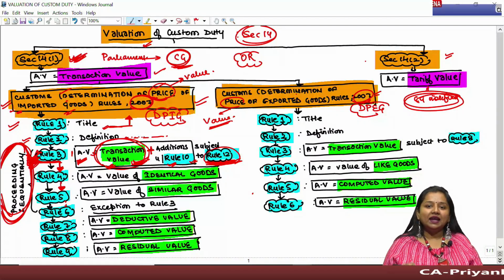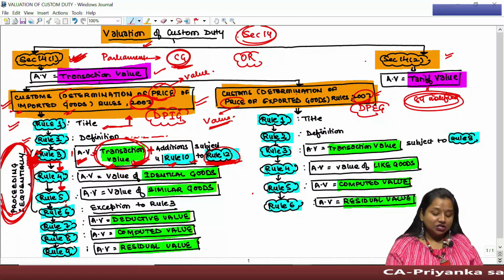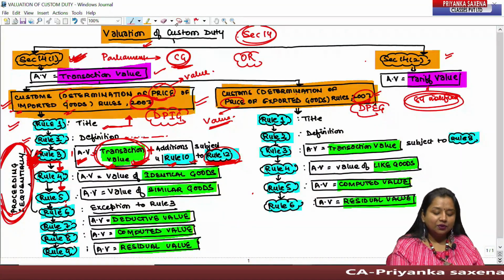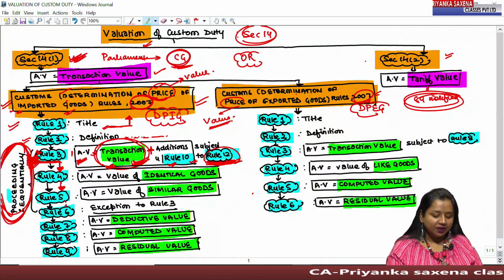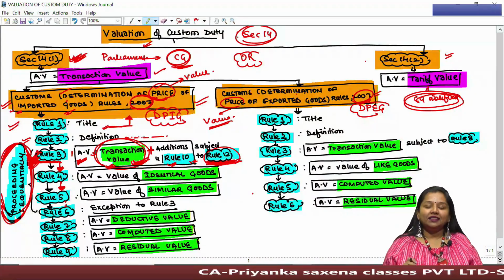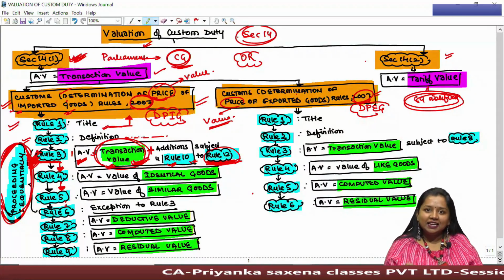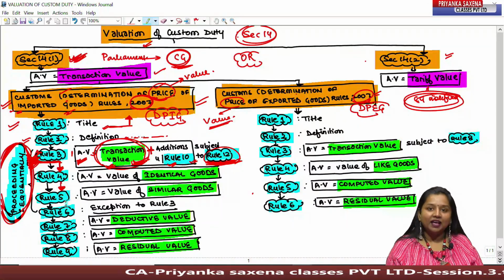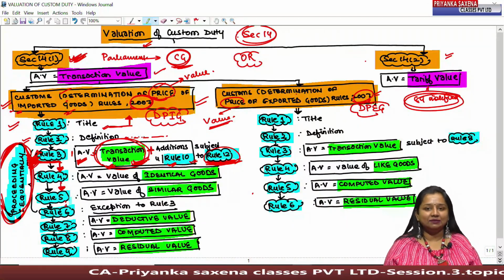Always remember that customs valuation rules have to be applied proceeding sequentially. Proceeding sequentially means these rules have to be applied in sequence. That is, an assessee cannot directly jump to Rule 5 for determining the assessable value.